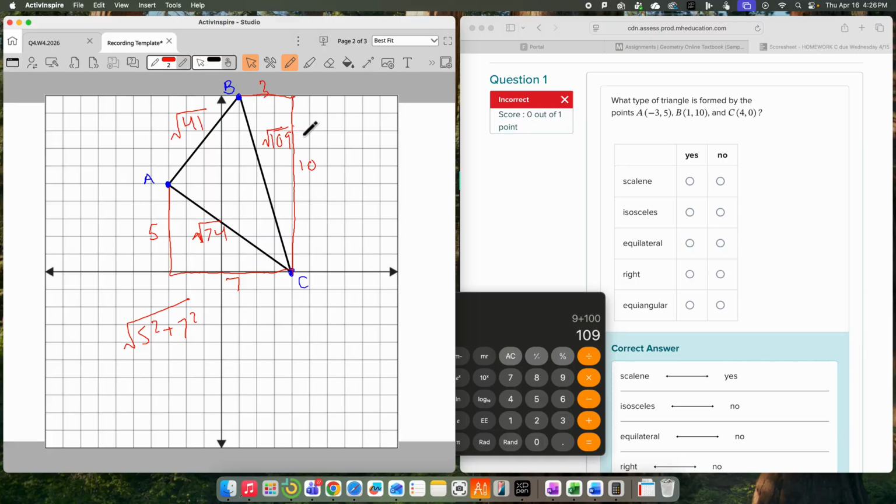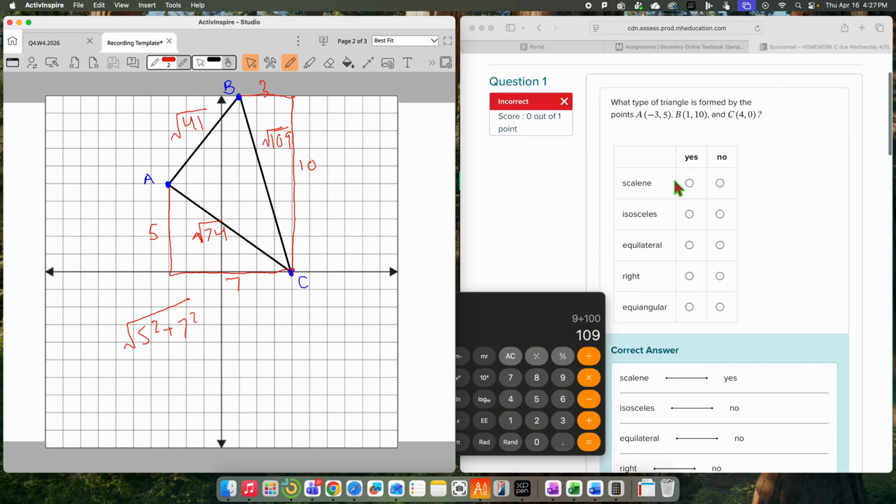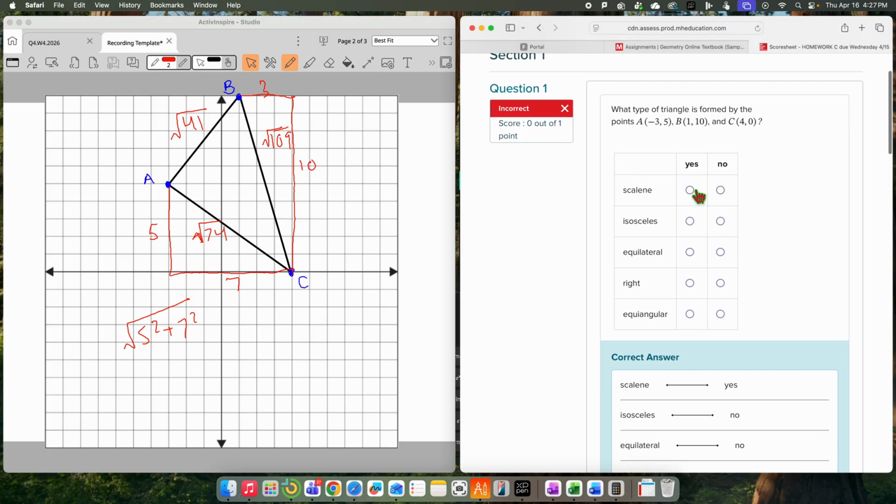So even without making these into irrational decimals, we can tell that they're all different lengths. So it is definitely scaling. It is not isosceles, because isosceles means two are the same. It's not equilateral, because that would mean all are the same.